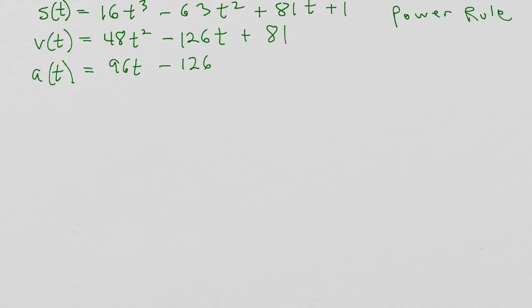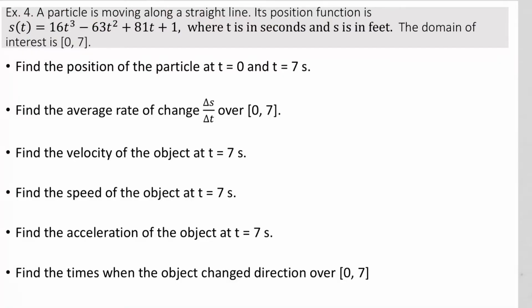All right, so I've got my 3 functions that I'm going to use for various steps in this problem. The first bullet says find the position of the particle at t equals 0 and t equals 7 seconds. That simply means I'm going to plug in 0 for t and 7 for t to find the position at those 2 times.